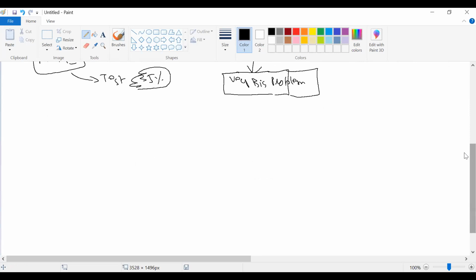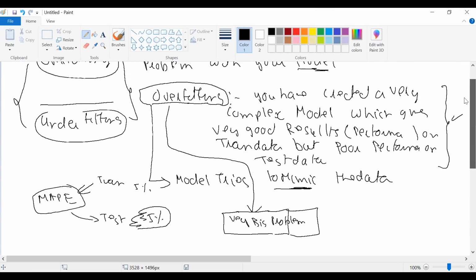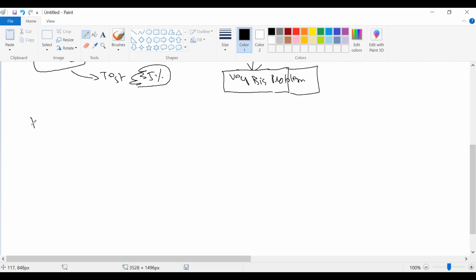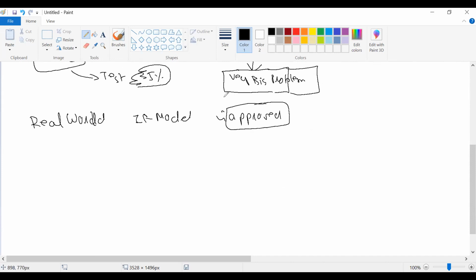So when you are building your model, in your real world, what will happen? If model is approved, you are building a model, and let me say your business has approved the model. Model has been approved, then you will use this model for future predictions. तुम उसे deploy कर दोगे whatever.